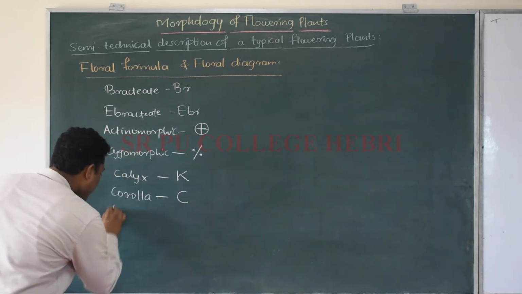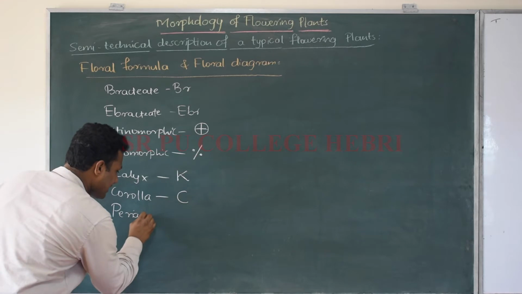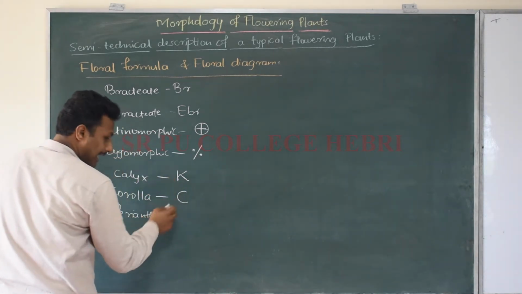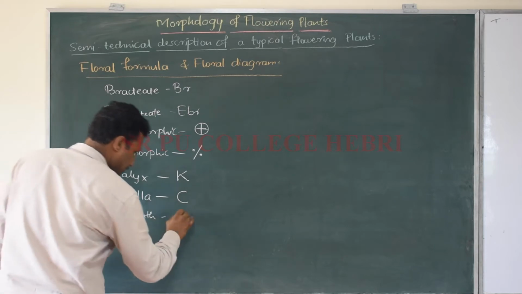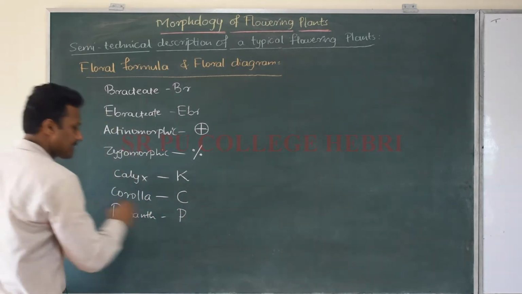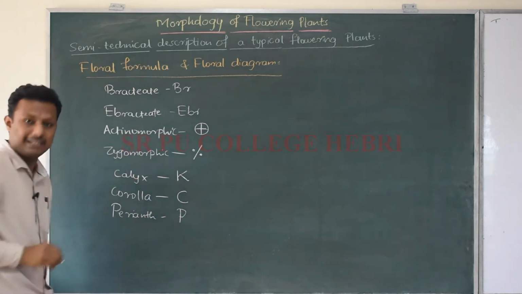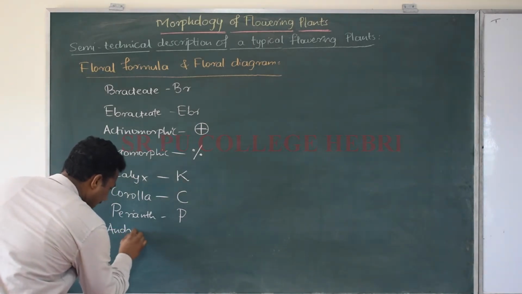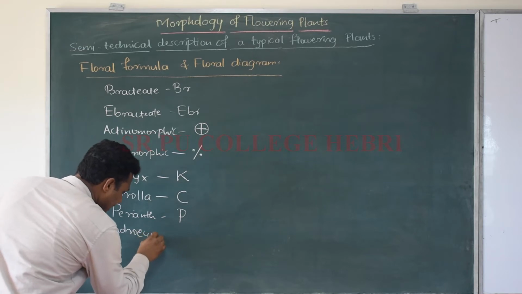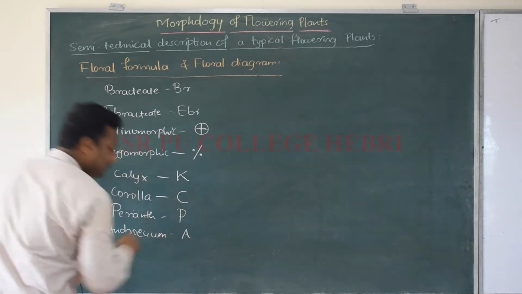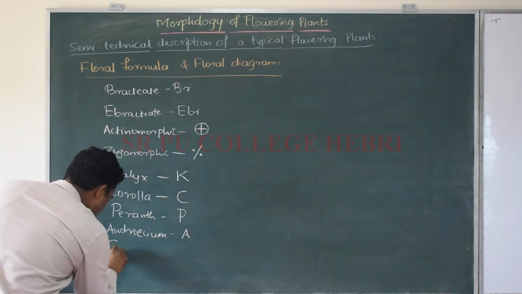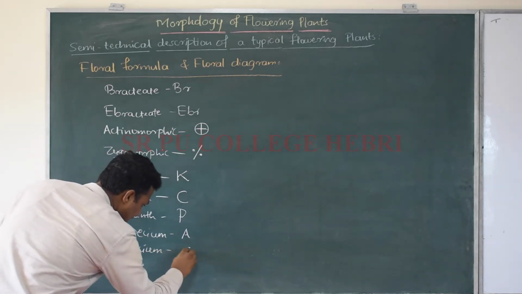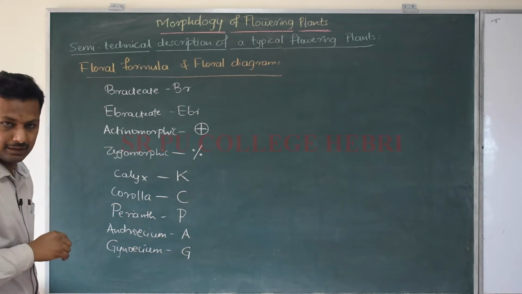Right? For perianth, you know what is a perianth? It is a fusion of calyx and corolla. Right? So when calyx and corolla are fused, it is called perianth, and it is symbolically represented with capital P. For androecium, the letter used here is capital A. For gynoecium, the letter used here is capital G, right?